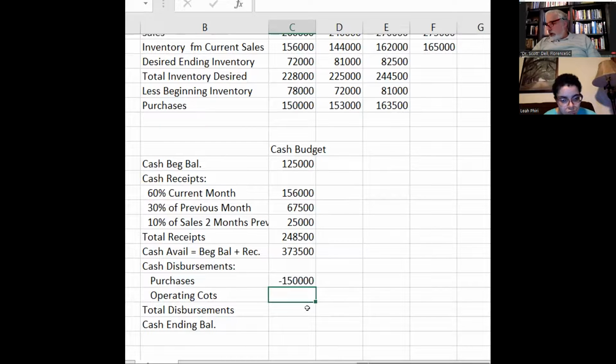What are our operating costs? What are we told? 95,000. And total disbursements equals the sum of those two.